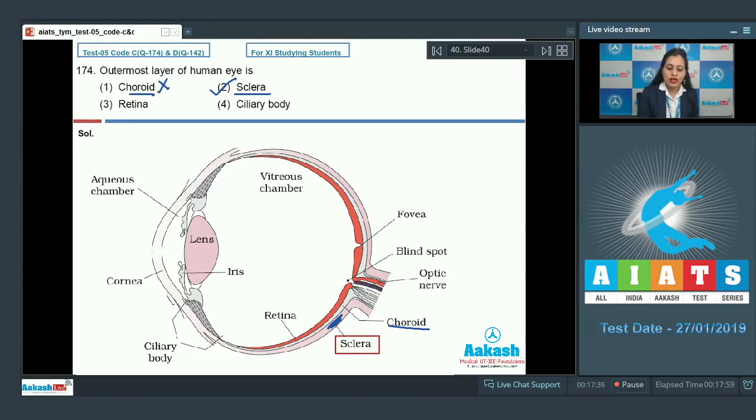So choroid is an incorrect option, and followed by the innermost layer, retina. So retina is also an incorrect option. And the ciliary body is also an incorrect option. Why? Because it is this choroid layer which gets thickened at the anterior part of eye to form this ciliary body. The ciliary body is a part of choroid only. So the correct answer to this question is option number 2. Let's discuss our next question.